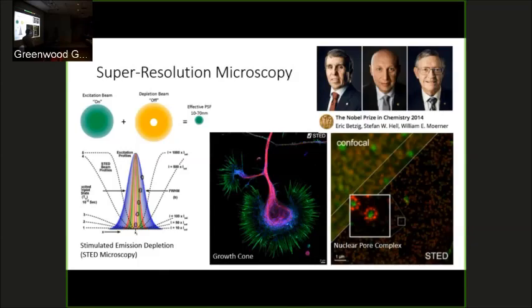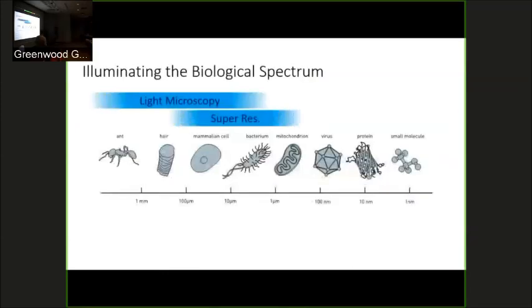But the main objective is they take your point spread function, which is broad, and with a depletion beam, or a subtraction beam, it comes on and it takes that broad point spread function and depletes the flanks such that only the narrow spot is illuminated in the end. So without going into more detail about how that works, you're able to scan across the sample at much faster speed and image living samples.